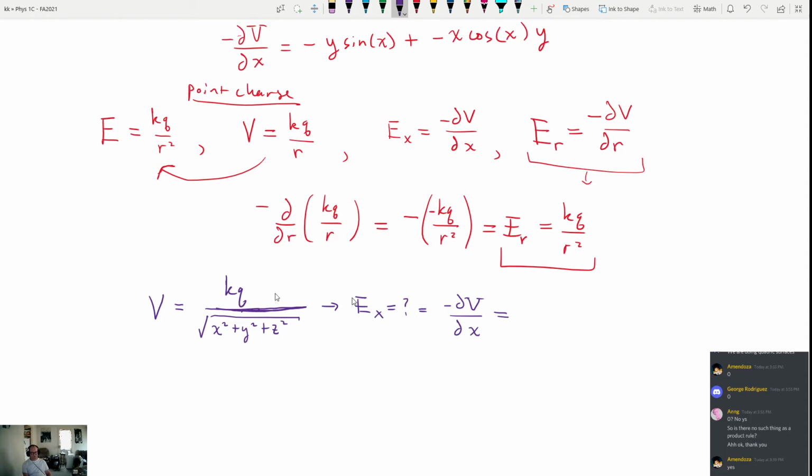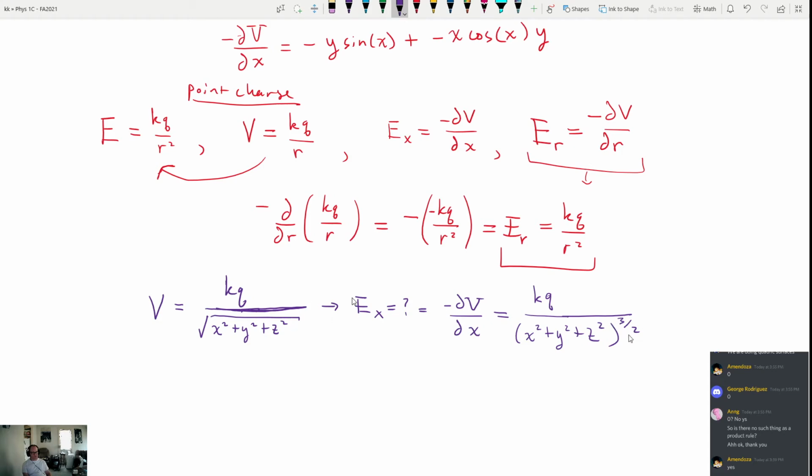So what's our function? It's kq over the square root of all this junk, right? What's the derivative of that going to be? We just have to subtract 1 from the power? I would argue that it's something like this. But we have to multiply by, so I've subtracted 1 from the power, right?